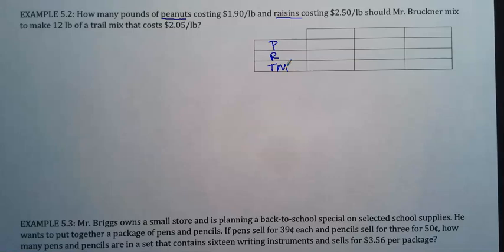Again, how you label these columns or rows is not always the most important, especially in this section here. It doesn't matter how you label them, as long as you're getting the information you need in there. So then we're going to look at, okay, we know that they cost $1.90 per pound. So we're going to need the cost. So again, you could switch these up.